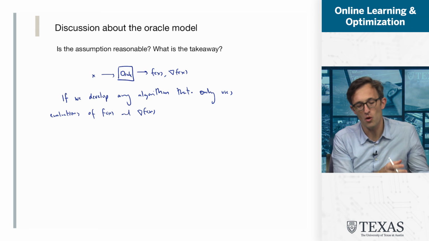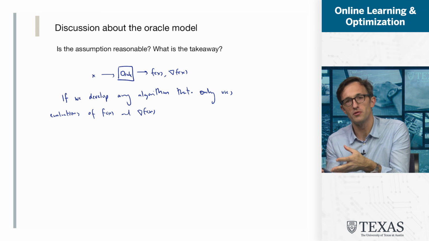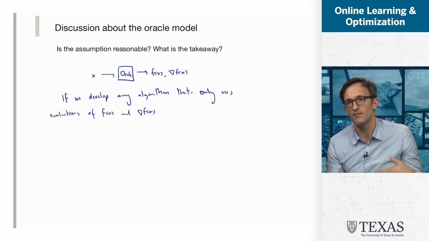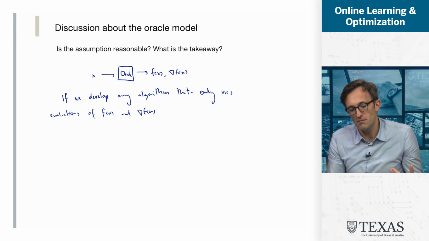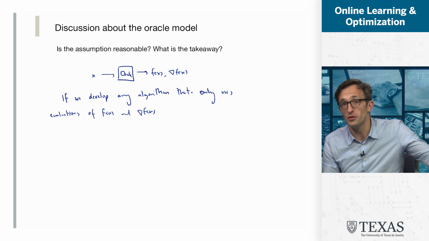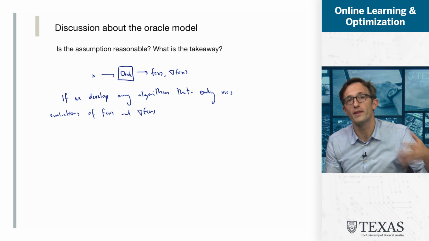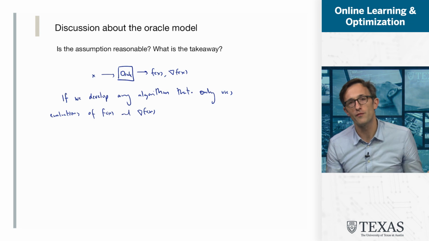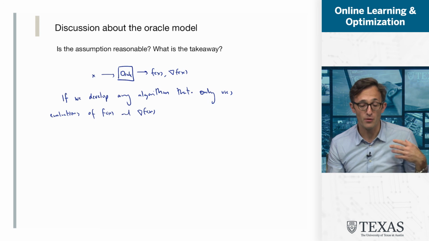In other words, even if you know f, if the algorithm that you develop only uses evaluations of f and evaluations of the gradient, then even if you didn't know f and you only had access to the oracle, you would be running exactly the same algorithm, and therefore you're bound by whatever lower bounds we have from the oracle model.